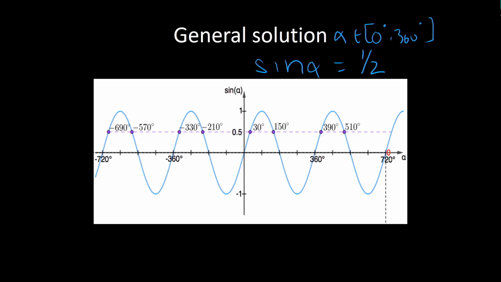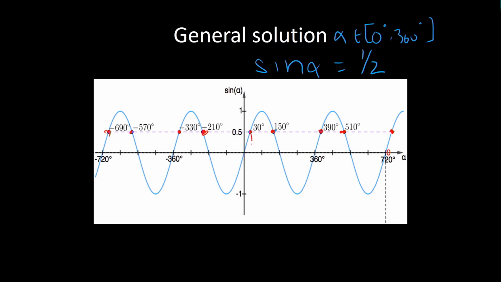A half. Where is the sine graph going to be equal to a half? And you can see that a half on the y-axis corresponds, let's use red here, to a number of different x values. So the y value of a half will give us a whole lot of different answers on the x-axis.